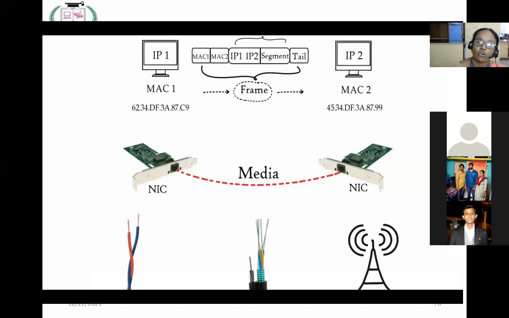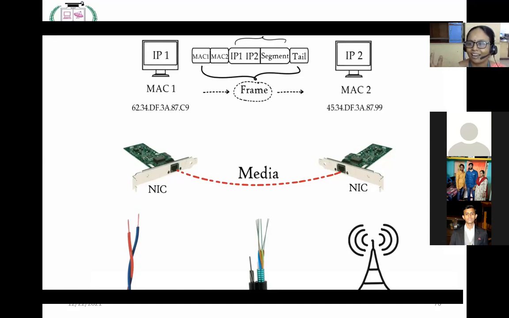MAC is responsible for the media, and IP is responsible for the network, so their flow is very important. For example, with fiber, the speed is very important. With the IP address, whether I'm sending my data through UDP, user datagram protocol, or transmission control protocol, whatever it may be, the flow is again very important.